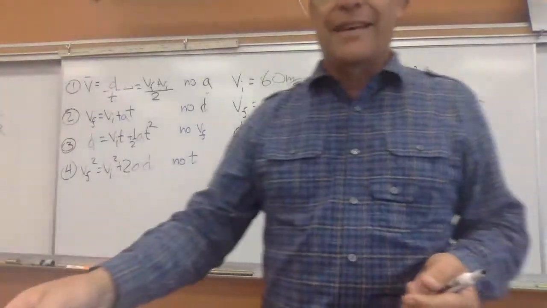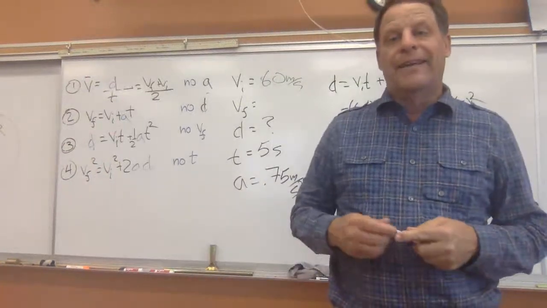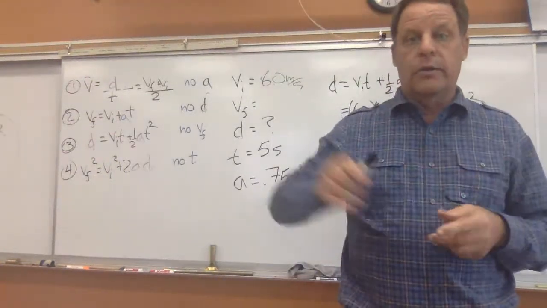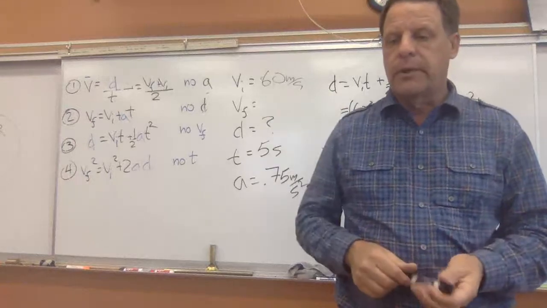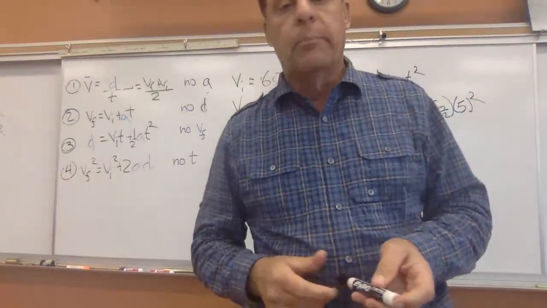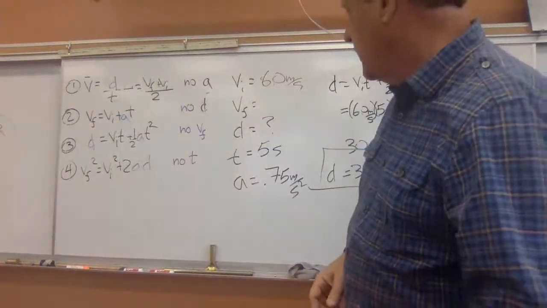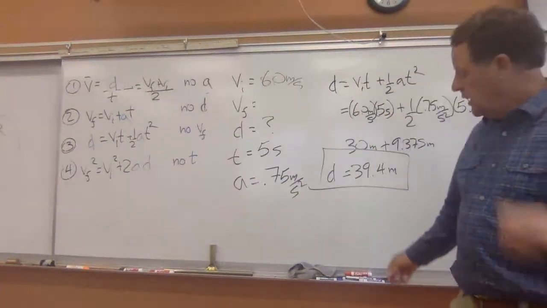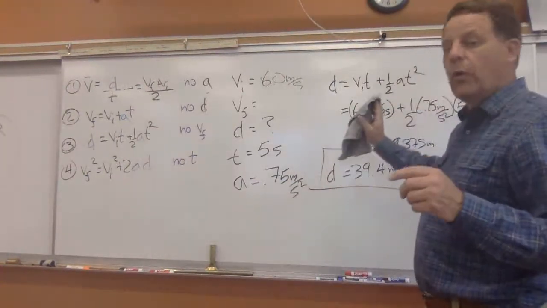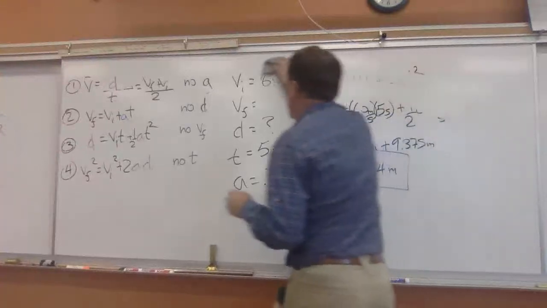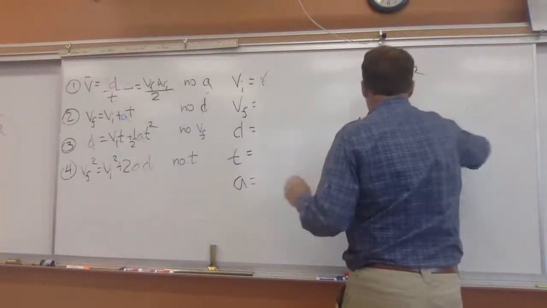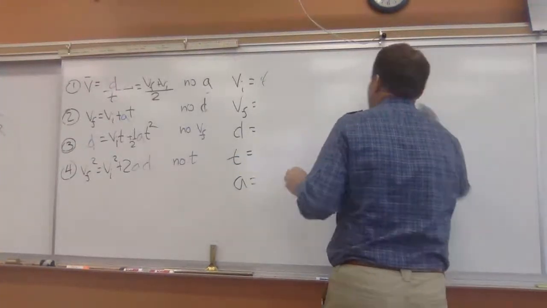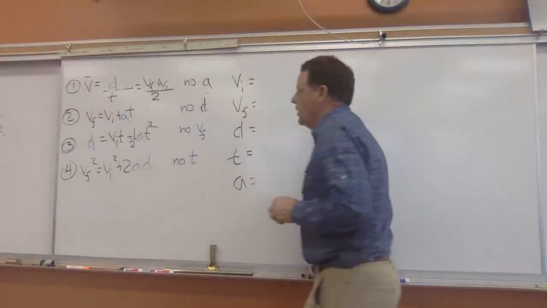All right, so that is that third scenario. The last scenario is talking about dropping a ball off of a cliff, okay? Very similar to week 1 review 4, those questions. So again, let's take a look at what variables we know.